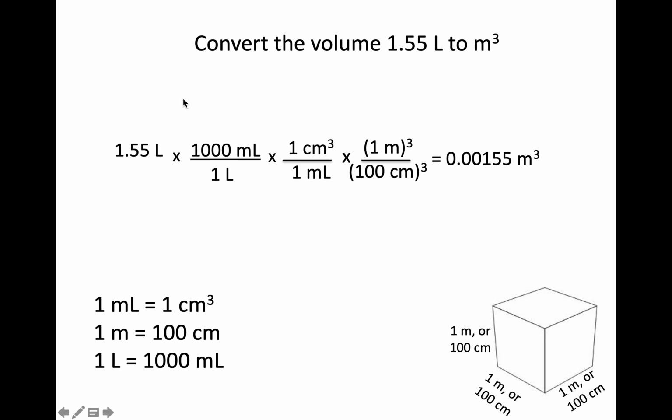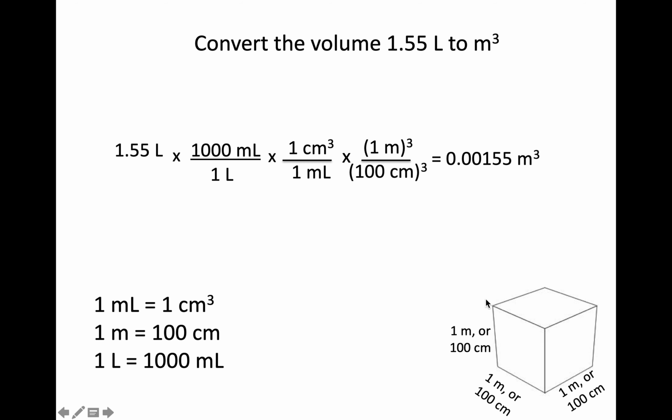So we know that for every 1 liter, it's 1,000 milliliters. The key thing that we want to be aware of is this conversion factor right here involving cubic units. 1 meter is 100 centimeters, but we're interested in canceling centimeters cubed. So we need to cube this entire term.